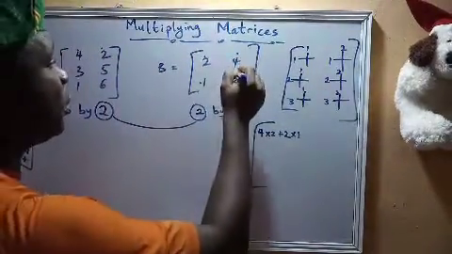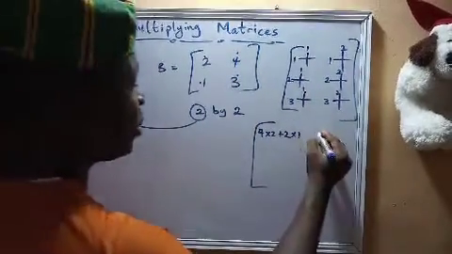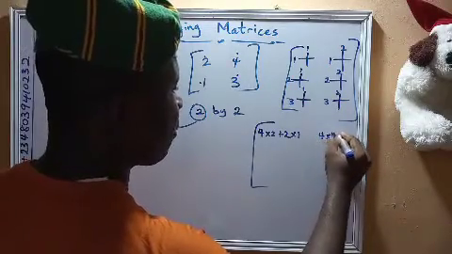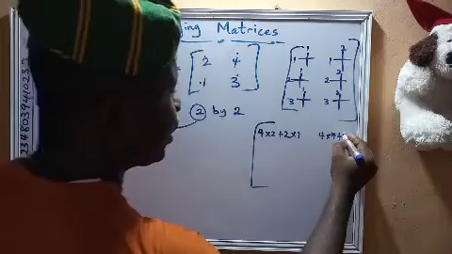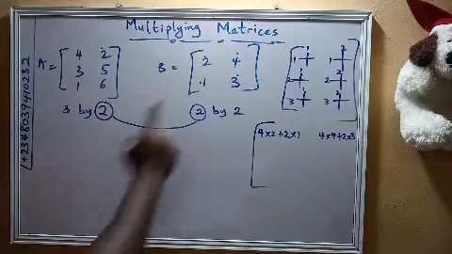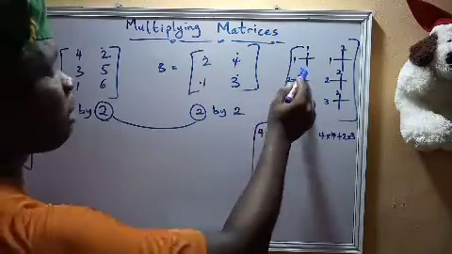The second is first row by second column, which is this and this. So we multiply 4 by 4, and 2 by 3. So we have 4 times 4 plus 2 times 3. Now we move on to the next phase, which is second row by first column.